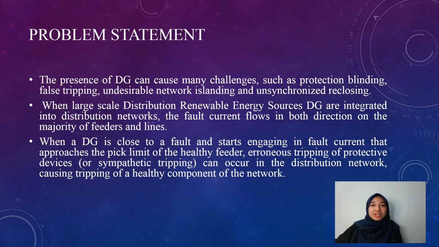When a DG is close to a fault and starts engaging in fault current that approaches the peak limit of the healthy feeder, erroneous tripping of protective devices, or sympathetic tripping, can occur in the distribution network, causing tripping of a healthy component of the network.